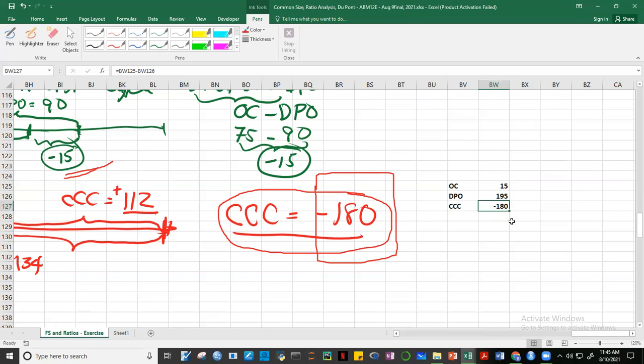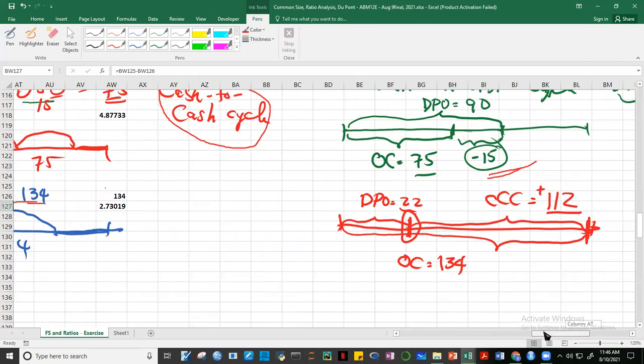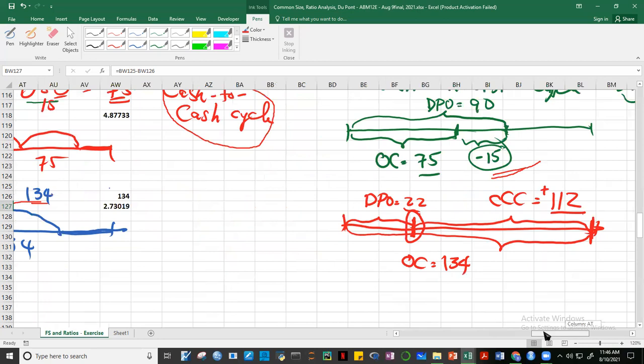So, example lang to guys, ha? I just thought of an example just to magnify yung concept natin ng maganda yung CCC ng negative, guys. Pero should be taken with caution. No? Pag masyado ng malaki yan, medyo siguro tingnan na natin kung baka mag-lose out naman yung suppliers. Okay?